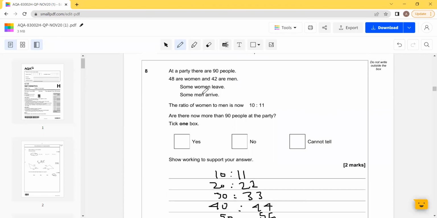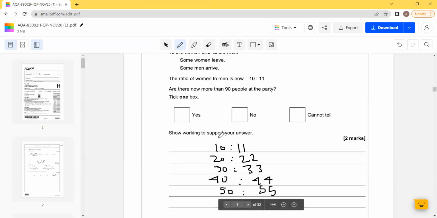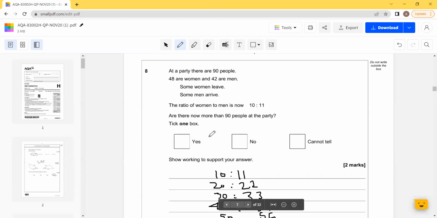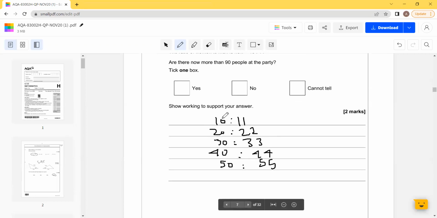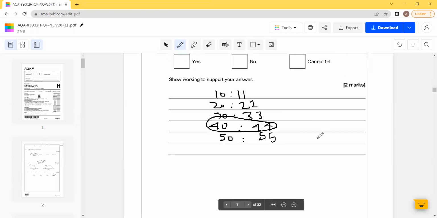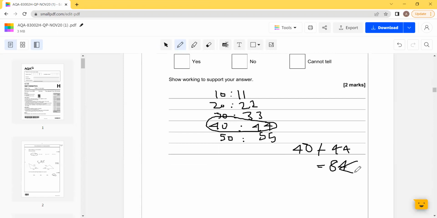If there are 48 women, this means a lot of women have left. So the only possible one it could be is 40:44. So 40 plus 44 is 84 people, which means that it's less than 90. So no.